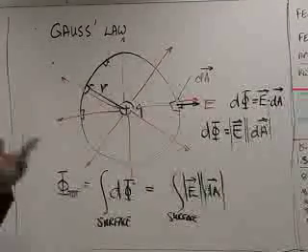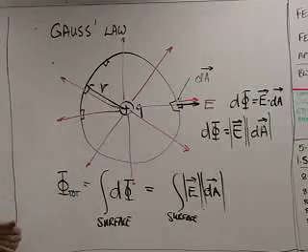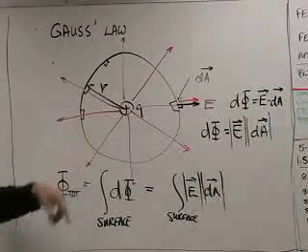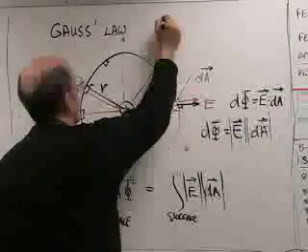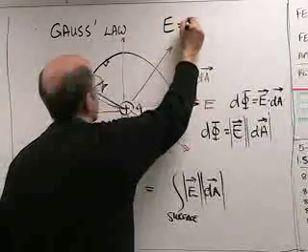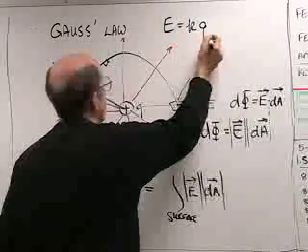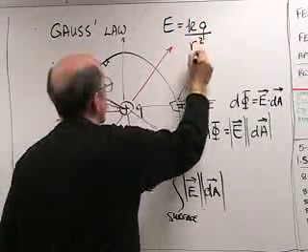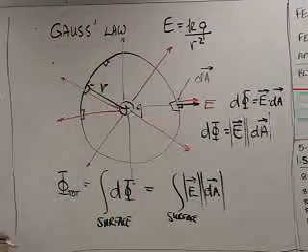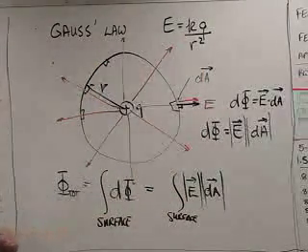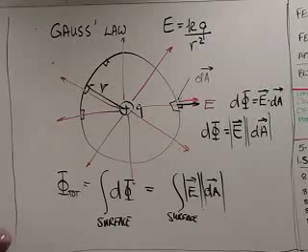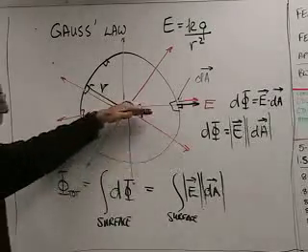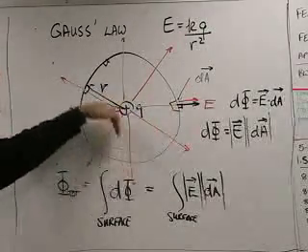Now, I want you to notice two things. We know from Coulomb's law that the electric field at any point is just equal to K times Q over R squared. Okay, so we know what this is, and we know that it's going out radially from the charge.